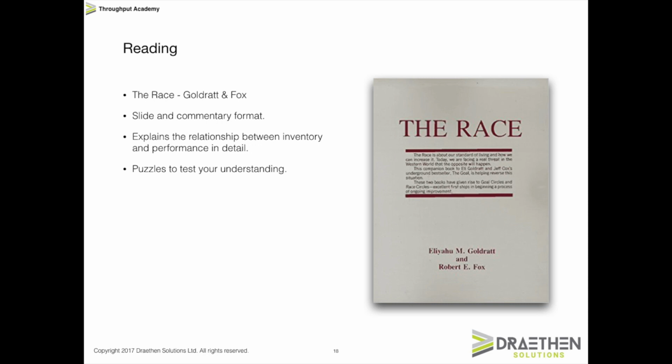There's also some really nice puzzles at the end to really test whether or not you've understood what you've read and you are starting to make the paradigm shift into the throughput world, if you like, which is what some practitioners describe a deep understanding of the theory of constraints to be. So highly recommended, obscure little book, but one that's very valuable.